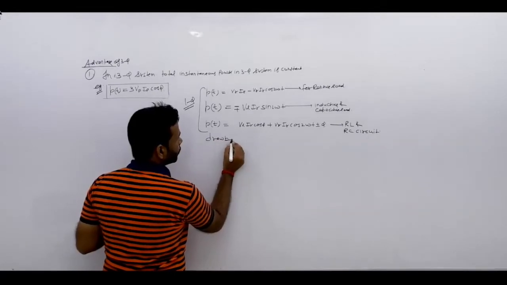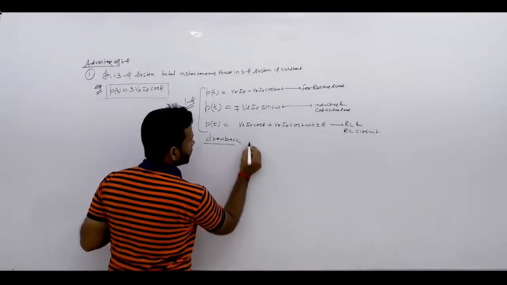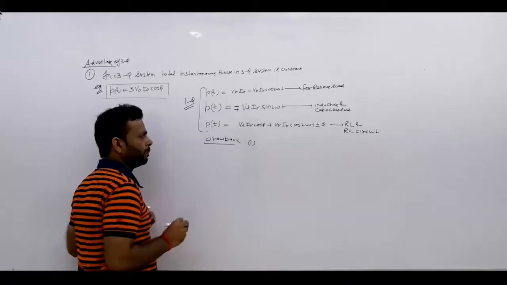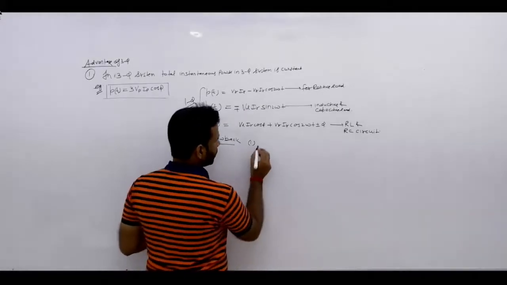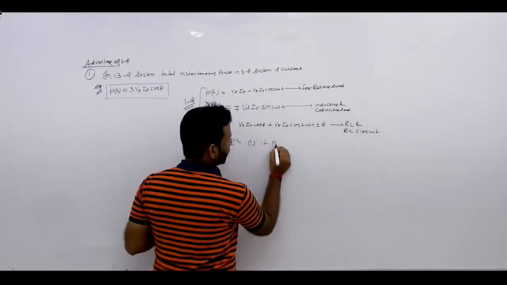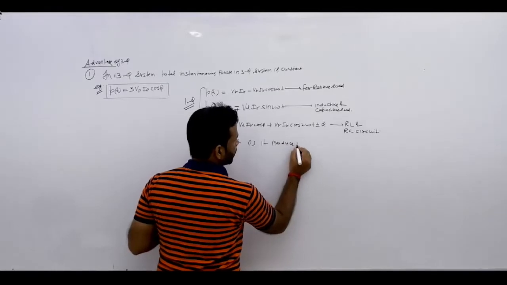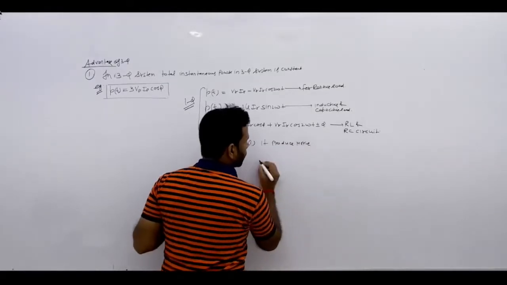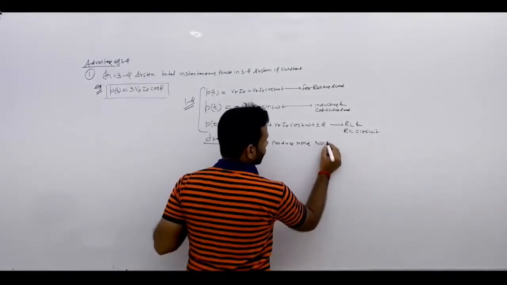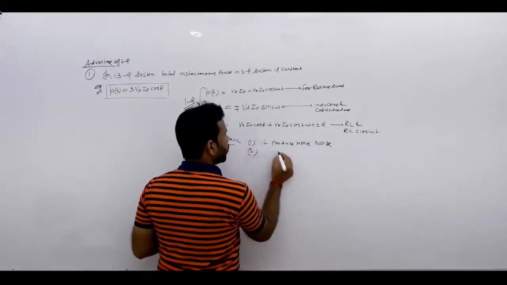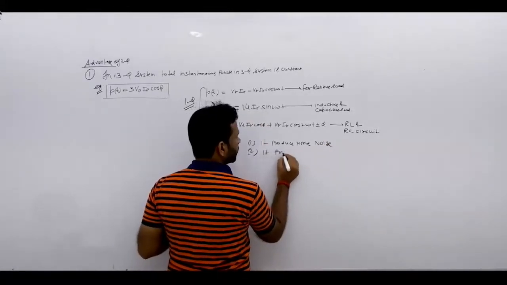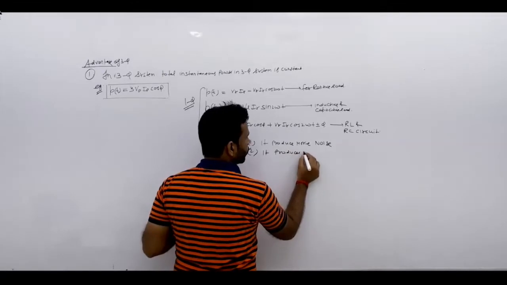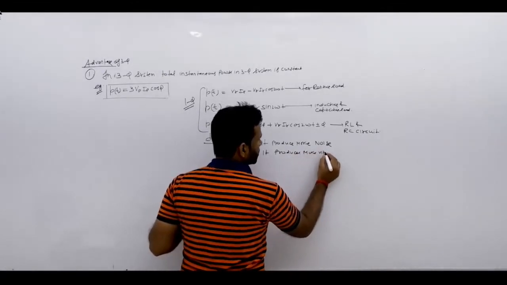What is the drawback? The first drawback of this instantaneous power is that it produces more noise and more vibration.